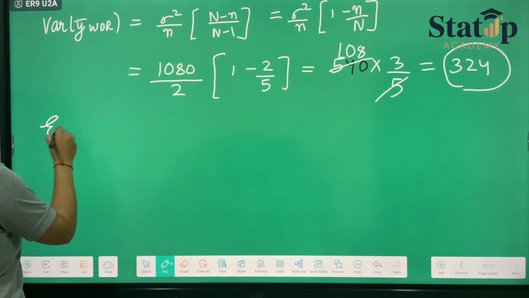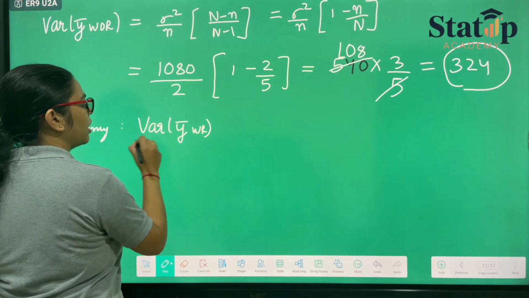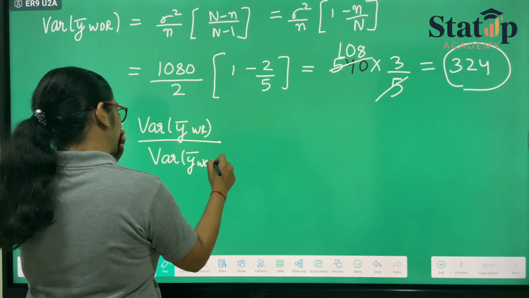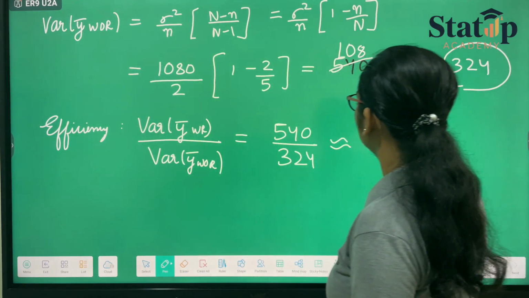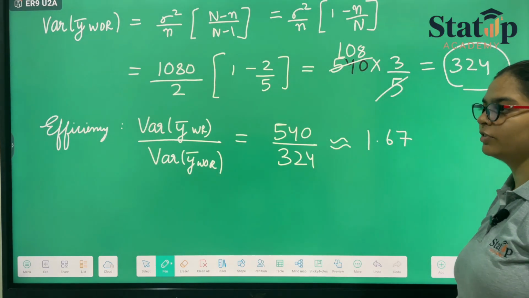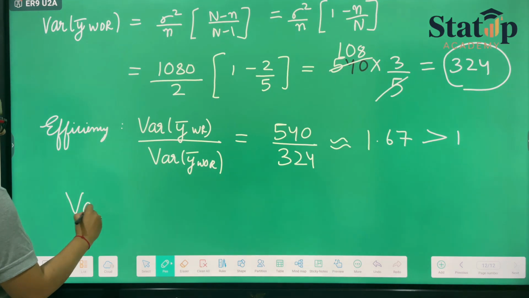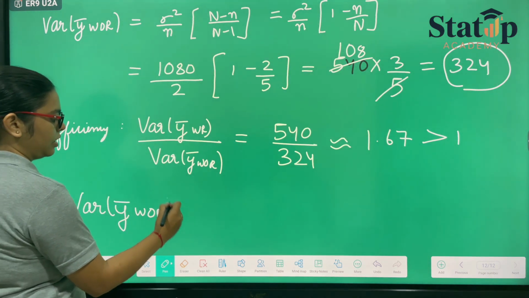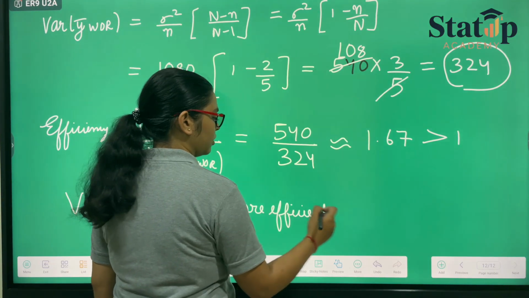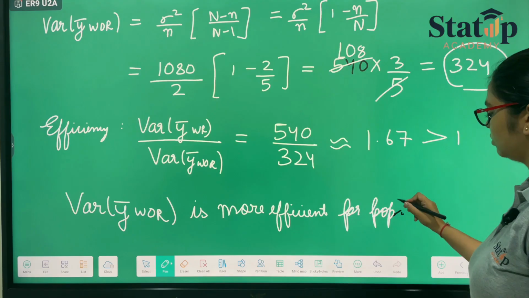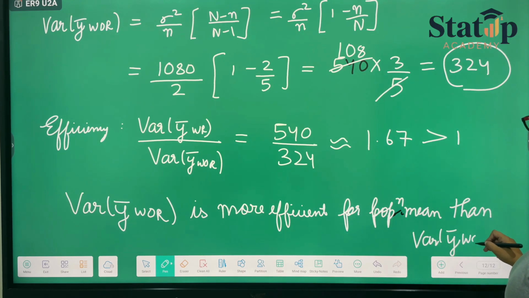Now calculating the efficiency. Variance of y bar with replacement upon variance of y bar without replacement is equal to 540 upon 324, which is almost equal to 1.67, which means efficiency is greater than 1, and hence we can say that simple random sampling without replacement is more efficient for population mean than with replacement.